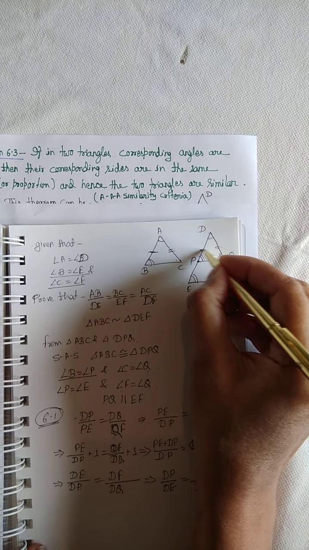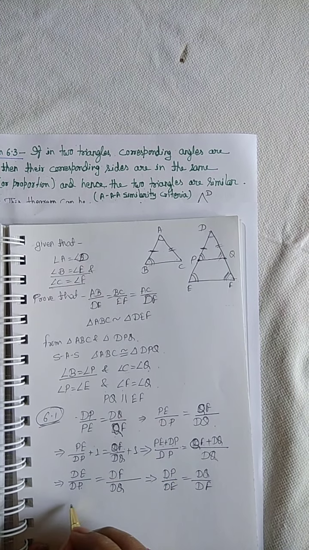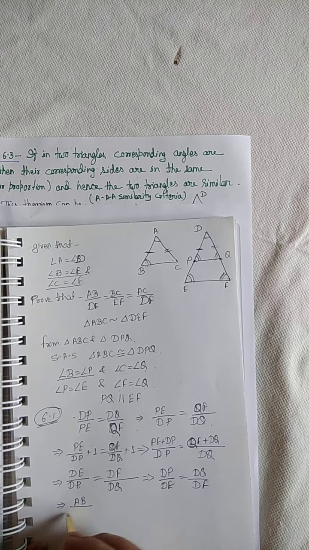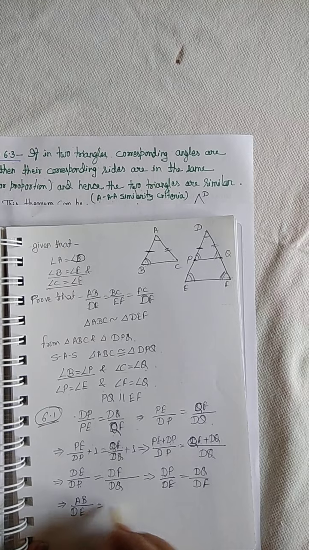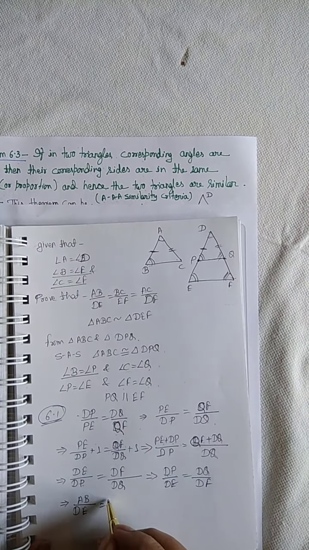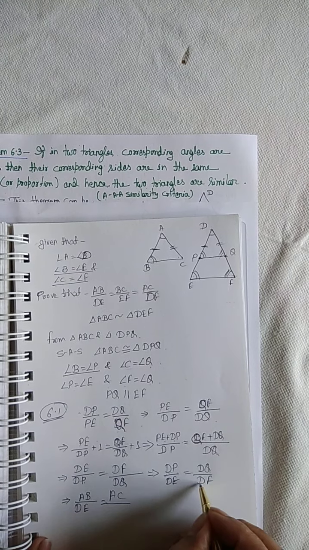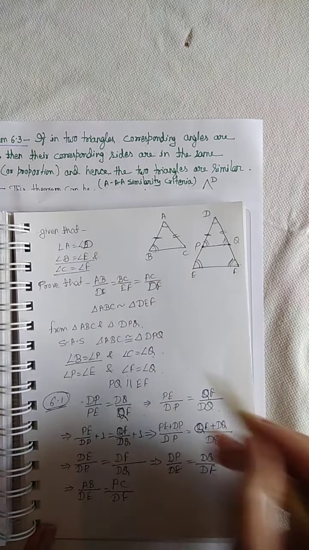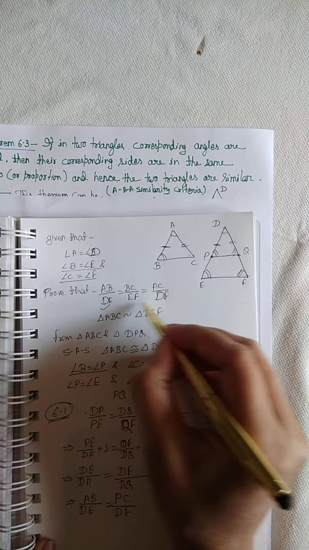AB equals DP. So we can also write AB by DE equals DQ by DF. What is DQ? DQ is the same as AC. So AC by DF. So this part equals this part.